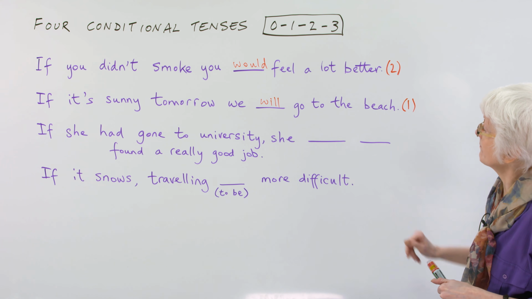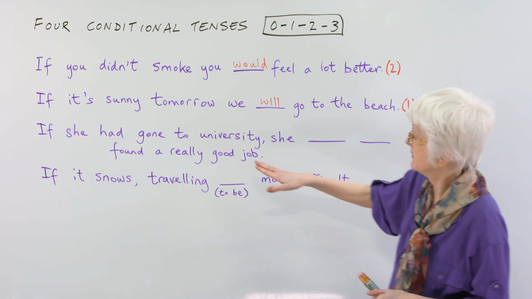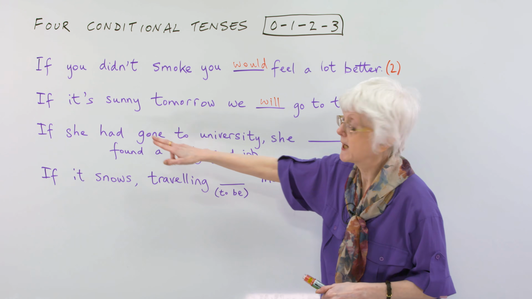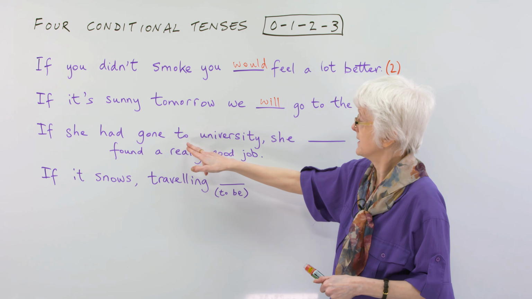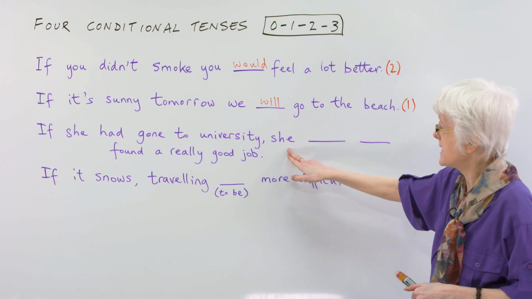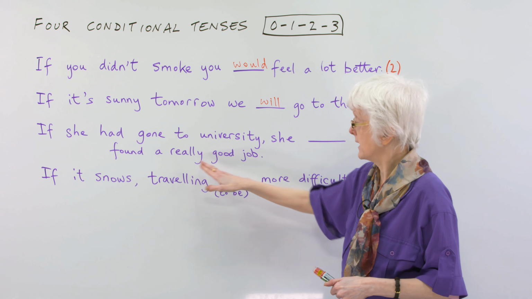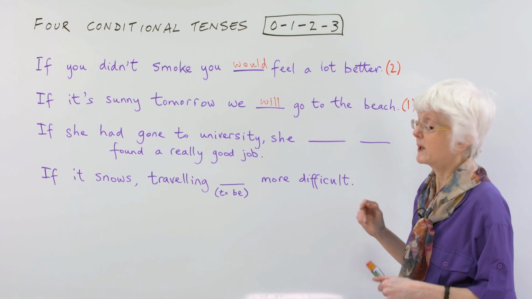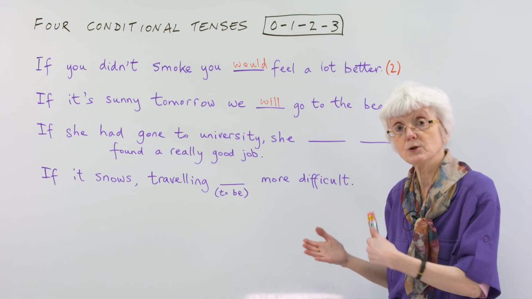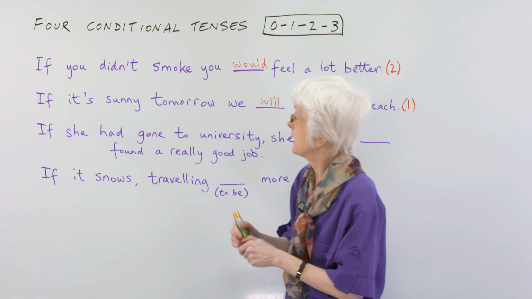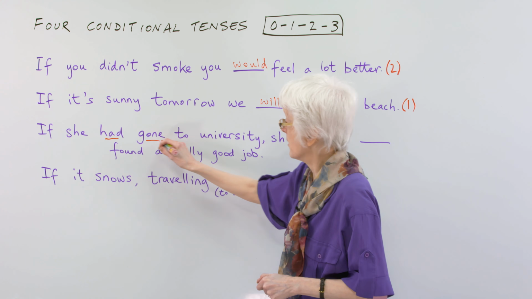Okay. Right, moving on. If she had gone to university, she ___ found a really good job. So that's quite a complex construction. If she had gone.